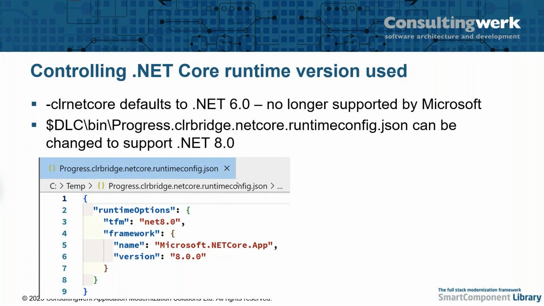You can change 12.8 to .NET 8, but therefore you have to modify a file in the Progress installation folder: progress.clrbridge.netcore.runtimeconfig.json. In line 3, where it says TFM for target framework, and line 6, version, if you change that from 6.0 to 8.0 and 6.0.0 to 8.0.0, then the Progress runtime will use .NET 8. And I expect that very soonish Progress will probably have to support .NET 10, and then we will have to change that file again.